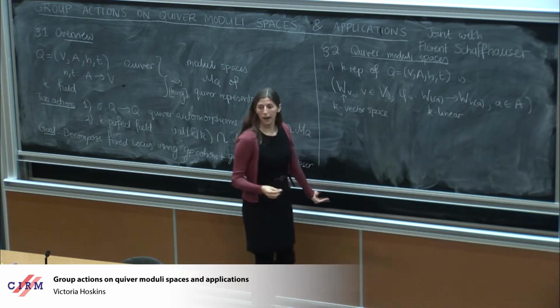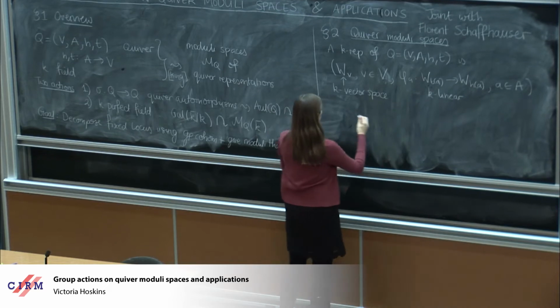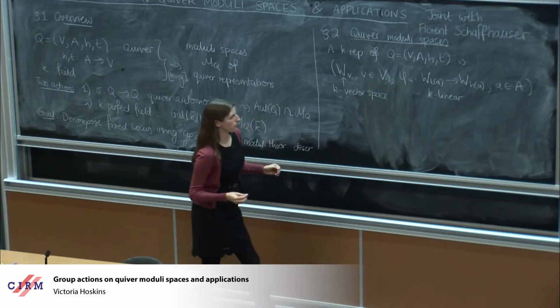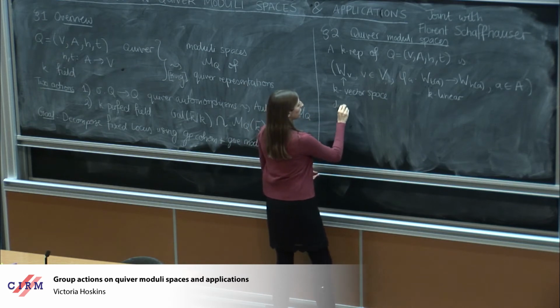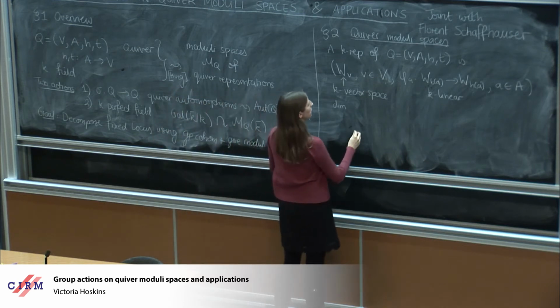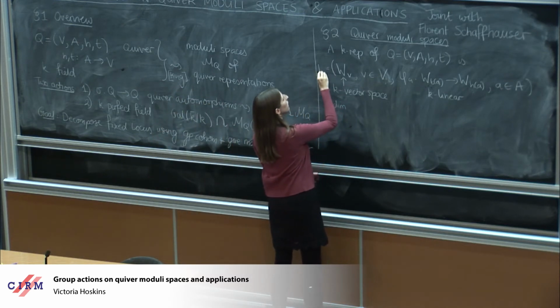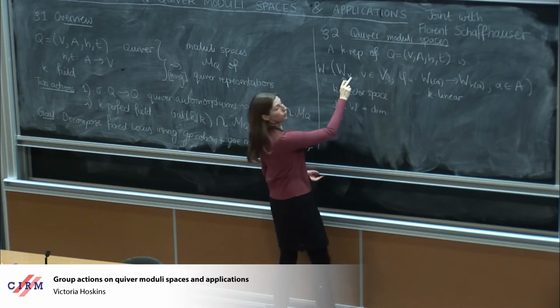One can naturally define morphisms between such quiver representations and build an abelian category of quiver representations over K. Since we're interested in moduli spaces, we can fix any discrete invariants. So we can fix the dimension vector of W, which is just the dimension of all of these vector spaces.